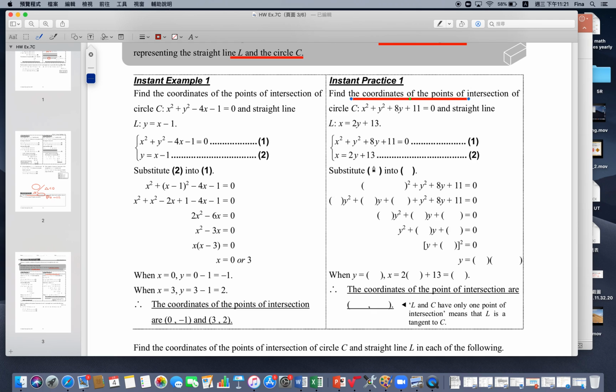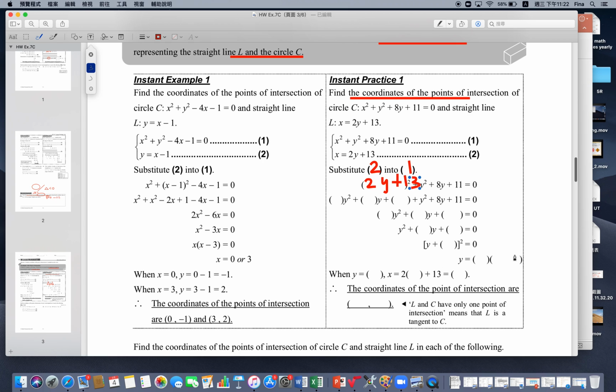Just substitute equation 2 into equation 1, putting x as 2y plus 13. Then expand the bracket.